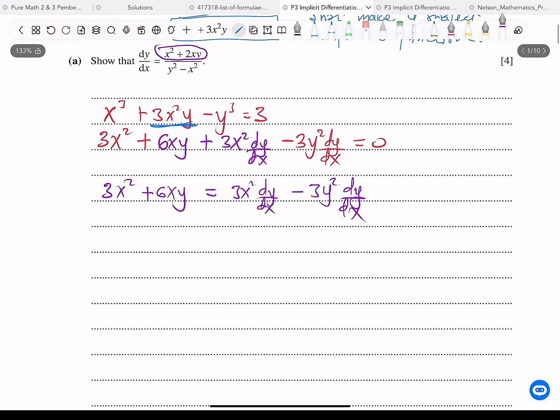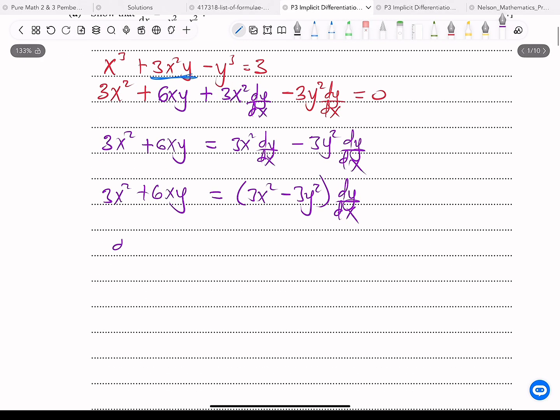So now we can factor 3x squared, factor the dy dx out, and this is what we have. And we can see that dy dx is going to be 3x squared plus 6xy over 3x squared minus 3y squared.